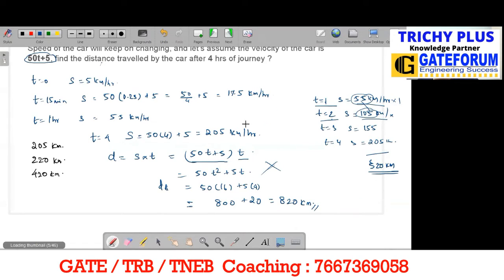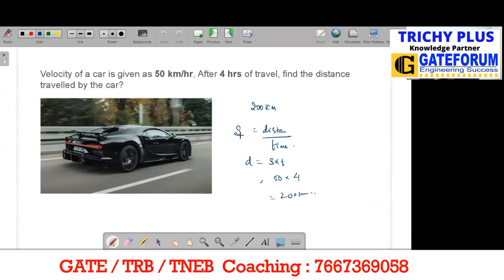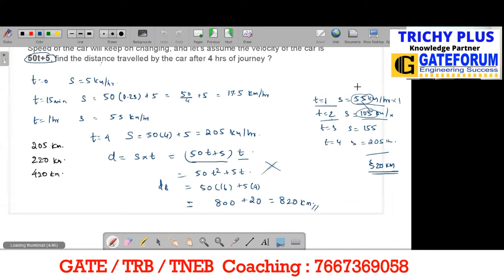So this is what we call linear algebra. Here our speed is constant, so we are directly multiplying it. Here what happens is at each and every second the speed is getting changed, right? So what you can do is go with 1 minute, for the second minute what is the car speed, for the third minute the speed.